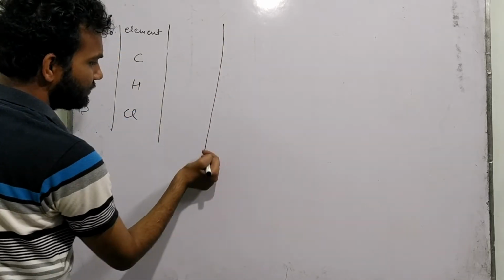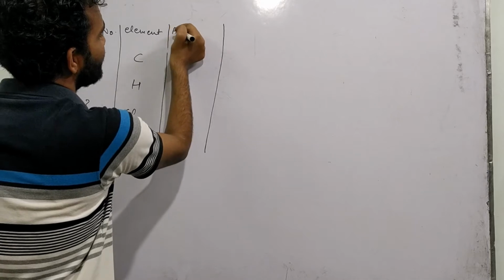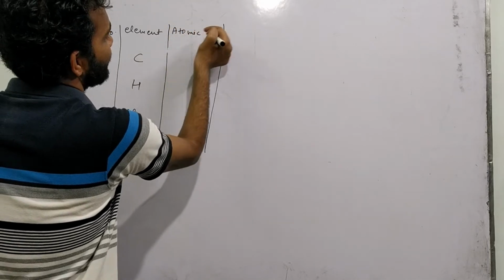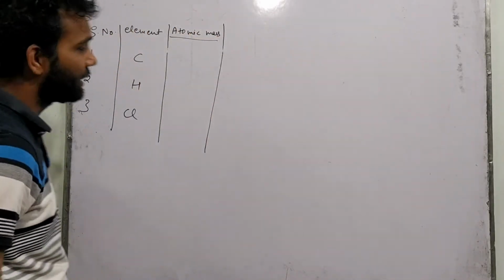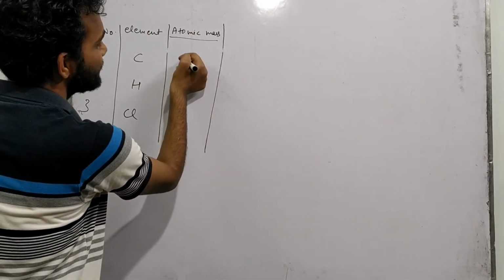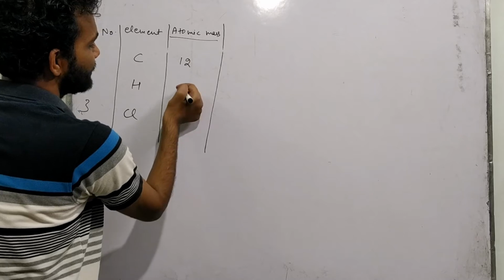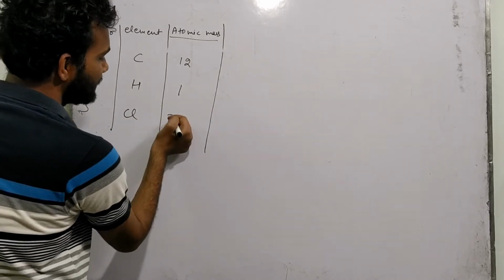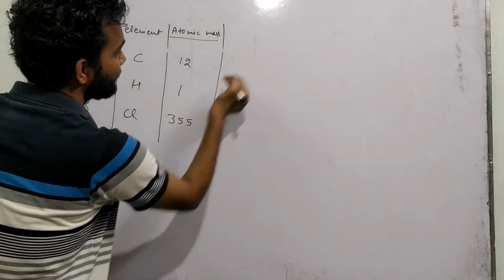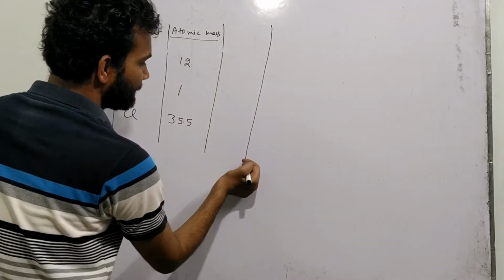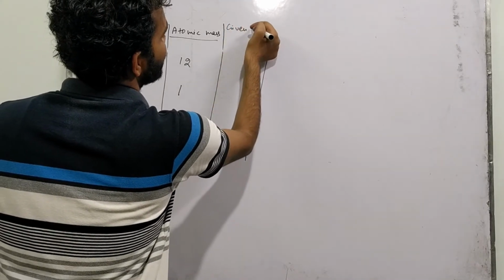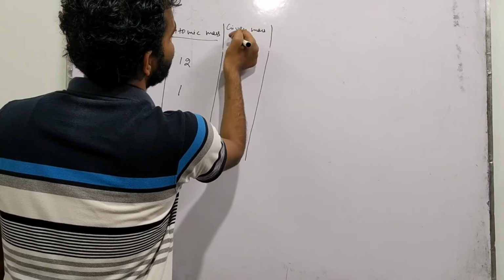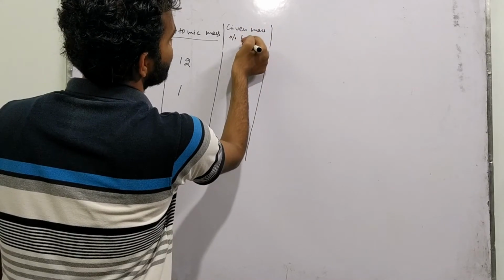In third column, we will write the atomic mass. बेटा आपको एटॉमिक मास पता होनी चाहिए हर एक एलिमेंट का. कार्बन का एटॉमिक मास कितना होता है? That is 12. Hydrogen is 1 and chlorine is 35.5. Then given mass, which are given in percent by mass.